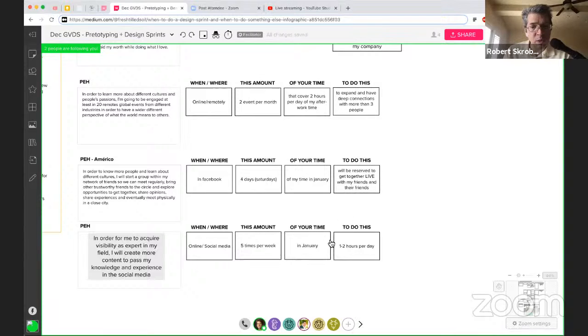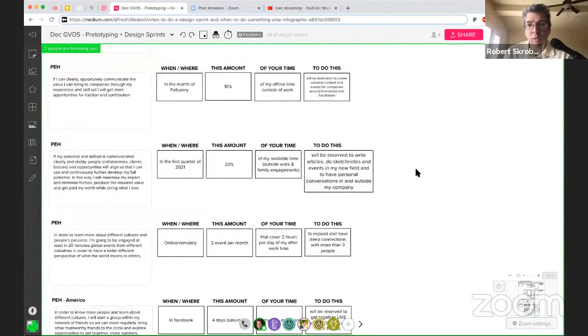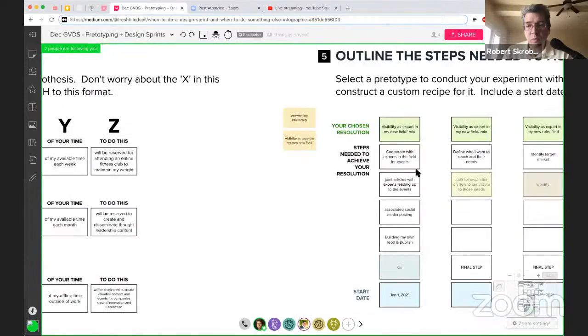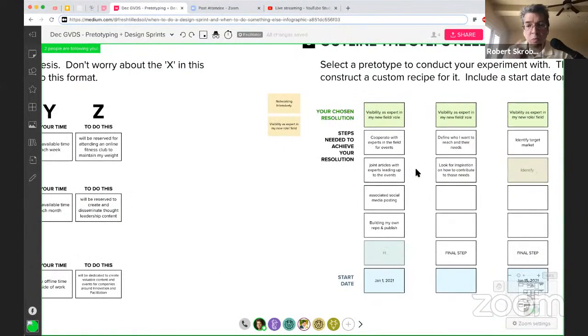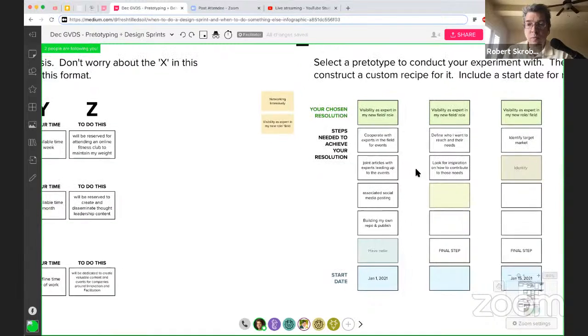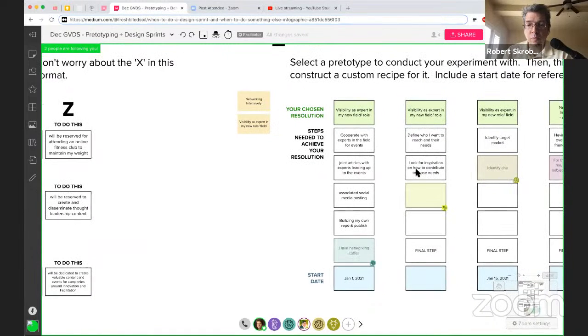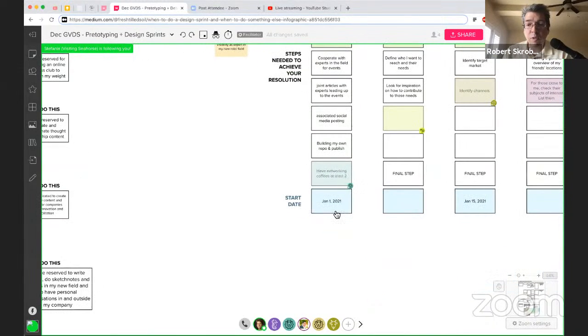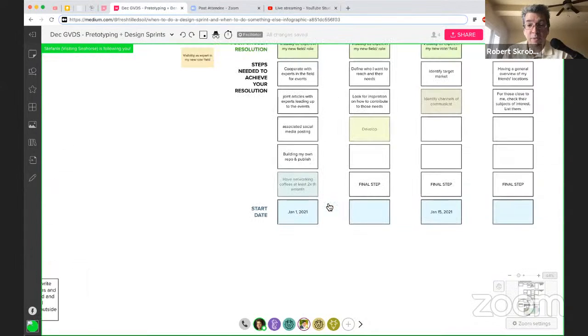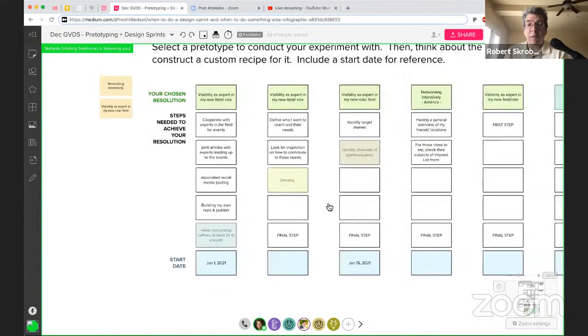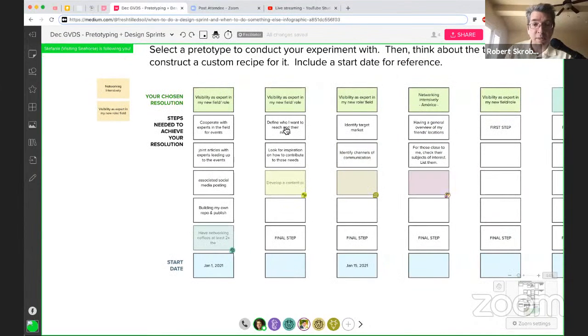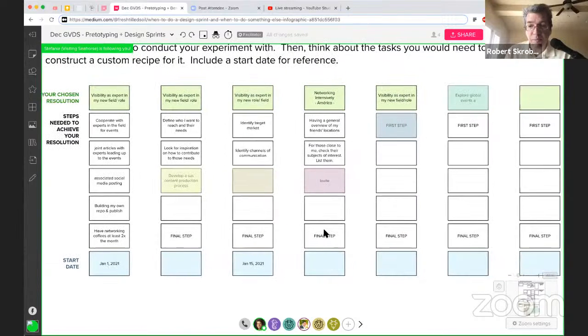Social media 5 times a week in January, 1 to 2 hours per day. Okay. Somebody's starting right at the very beginning of the year. They're not fooling around. As soon as New Year's happens at midnight, everybody else can pop the champagne. Whoever wants to be the expert in their new field or role is going to be going right at it. They are not waiting.